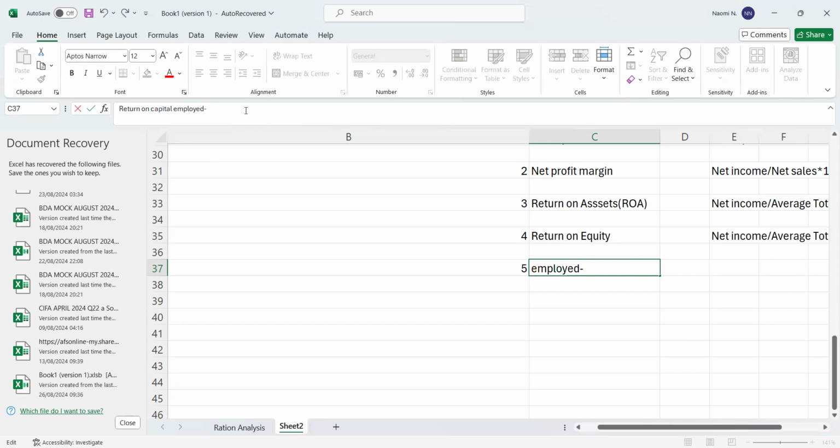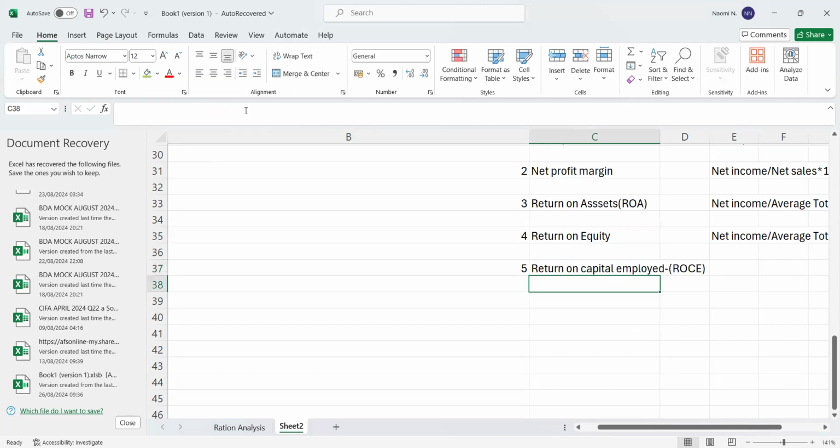Let me just write it here. Return on capital employed. It measures the return generated by a company's capital investment. It assesses how effectively a company utilizes its capital to generate profit. And this is how it is being calculated.